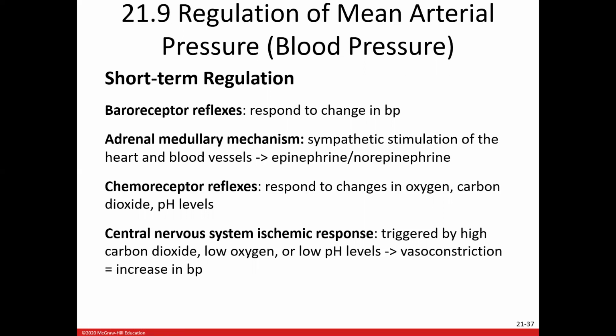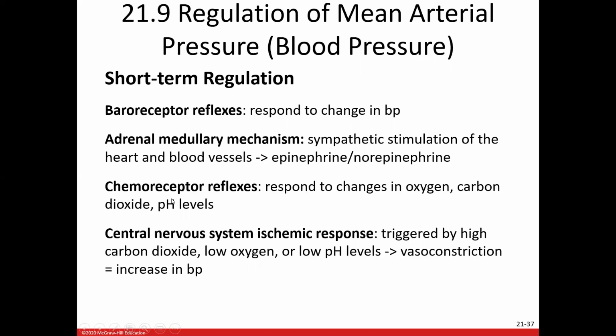Then we have, similar to what I just mentioned on the previous slide, the adrenal medullary mechanism, where the sympathetic nervous system can send epinephrine and norepinephrine to vessels in order to stimulate them.